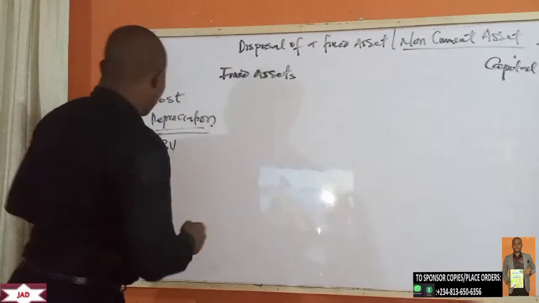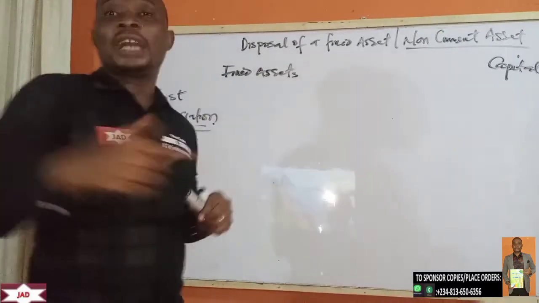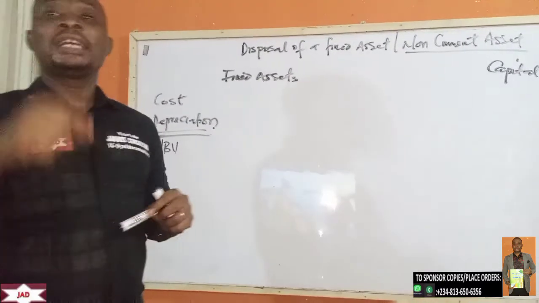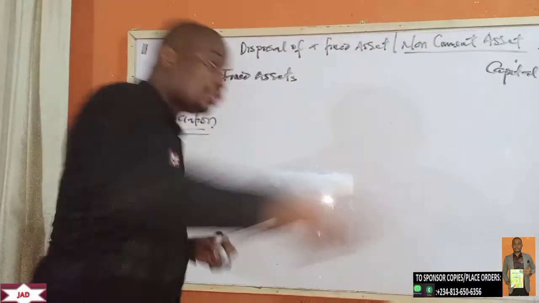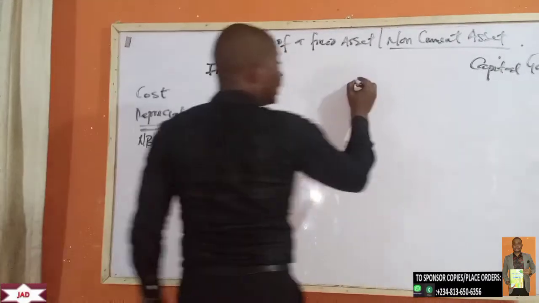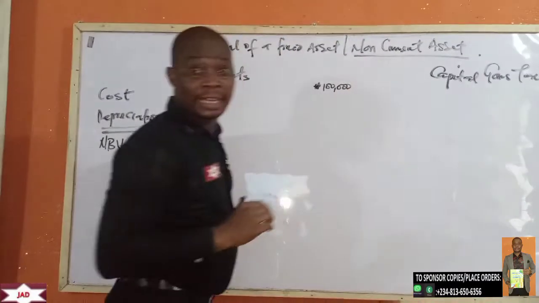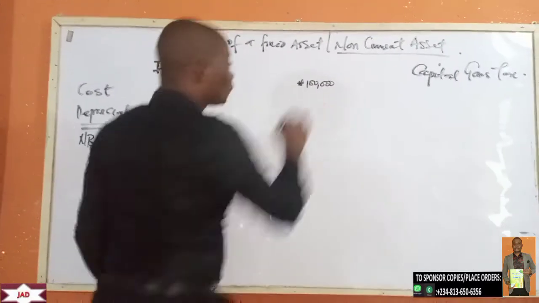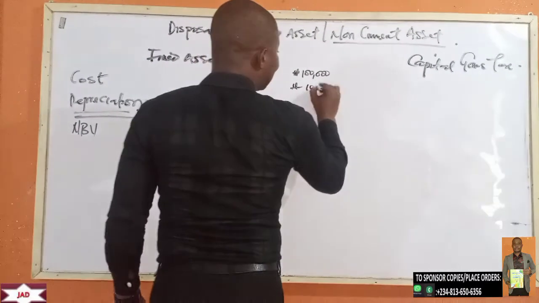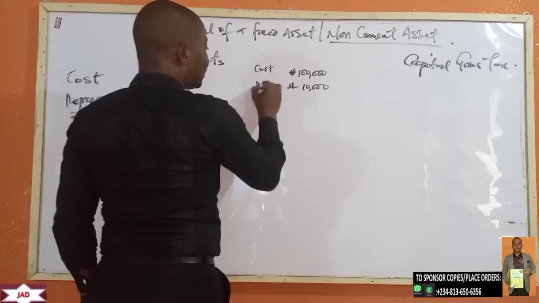So net book value is the value of the asset after taking depreciation into consideration. If the cost of an asset is, let's say, 100,000 naira, and there's a depreciation of, let's say, 10,000 naira, this is the cost of the asset and this is the depreciation of the asset.